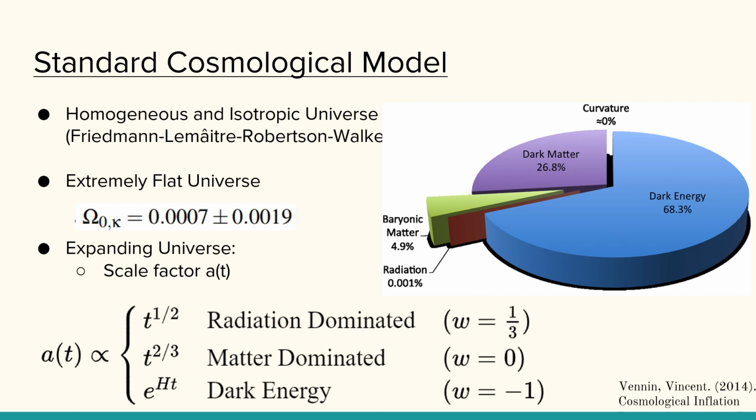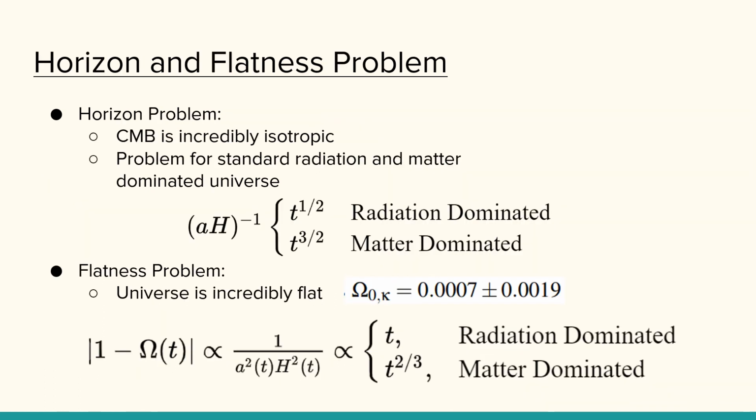Its expansion is described by the scale factor a(t). So a(t) gives you how the distance between the objects changes with time, and this depends on the main component dominating the universe, as we can see here, right? Where these w's are the equations of state for that given component, and for dark energy, for example, we have exponential expansion.